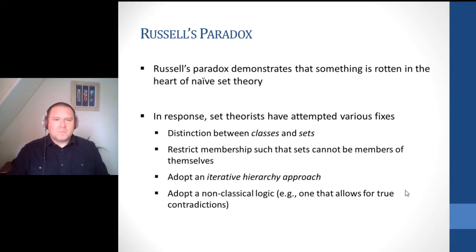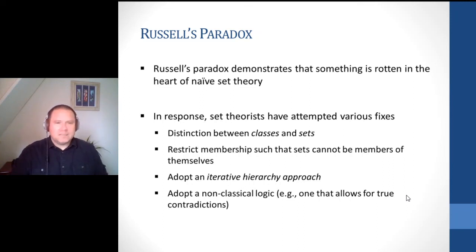Another view, and one that has been explored relatively recently, is to deny the idea that we need to have consistency here. So one option is we could adopt a non-classical logic. This is something we'll talk about in lecture 14, where we allow for true contradictions. And this is a very radical move. It's been developed a little bit recently by some logicians and some philosophers of mathematics.